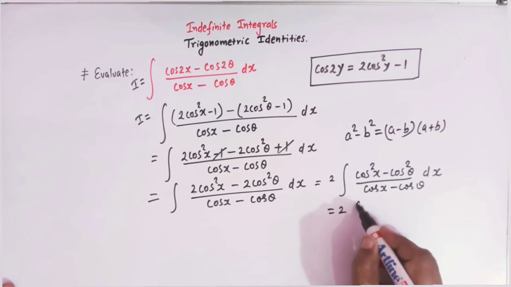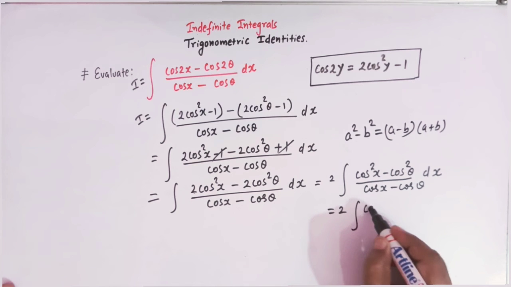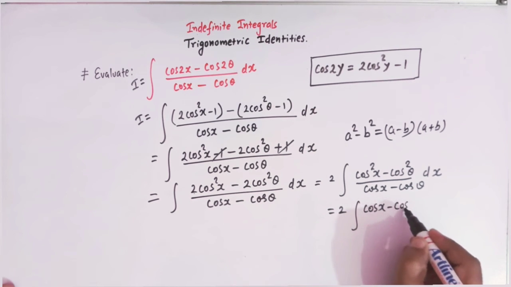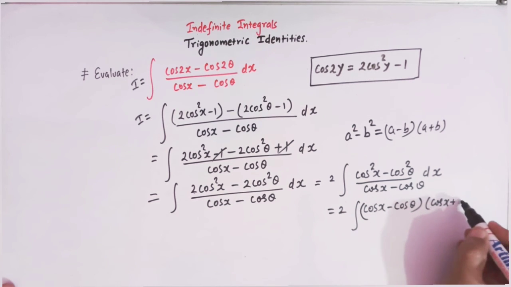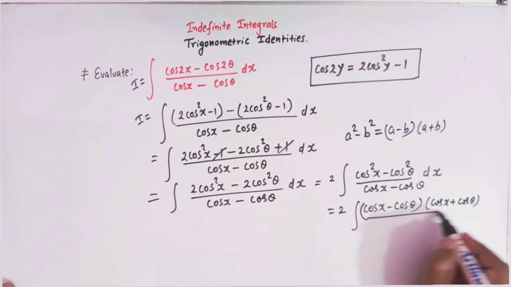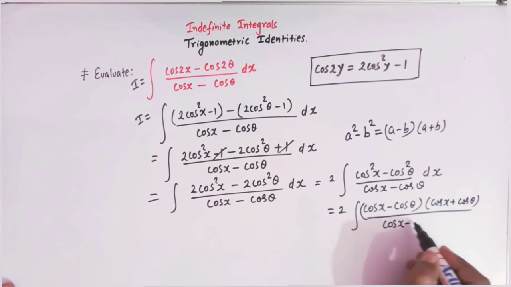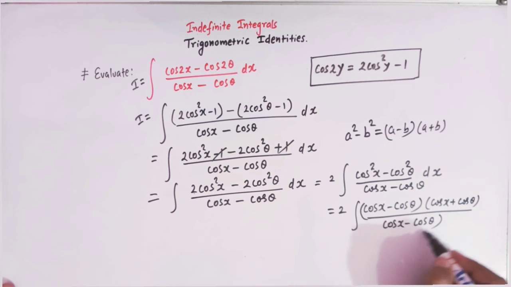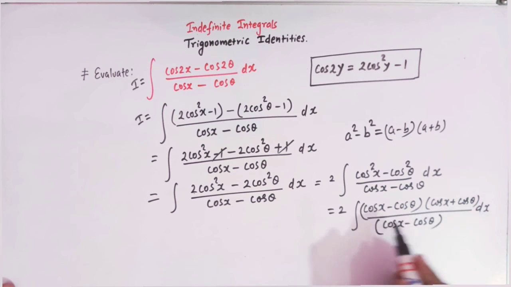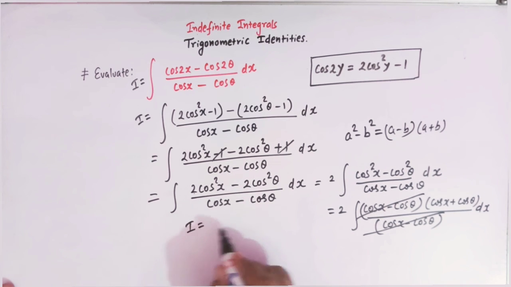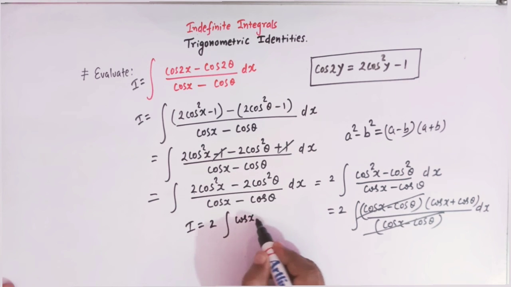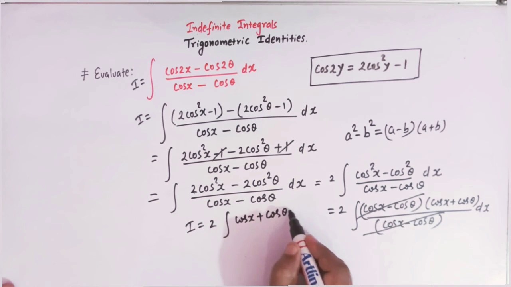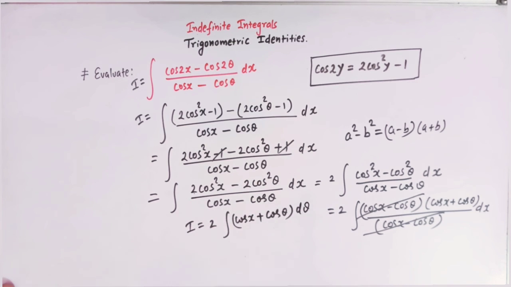So now we can write this term as cos x minus cos theta, that is a minus b, then we have a plus b, and in the denominator we have cos x minus cos of theta, right? And see, this term and this term get cancelled, so we are now left with 2 times the integral of cos x plus cos theta dx, right?